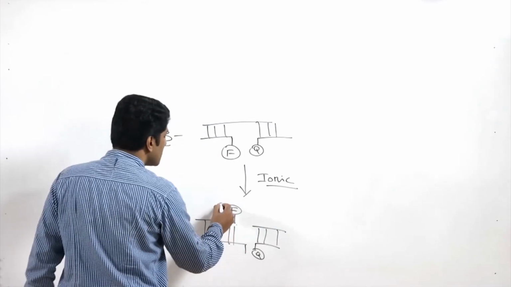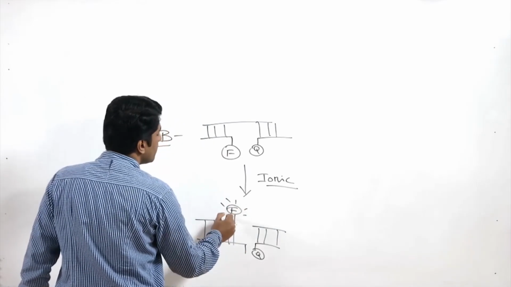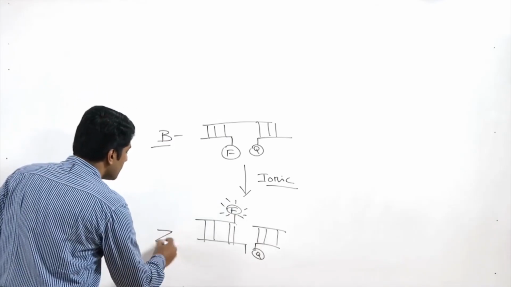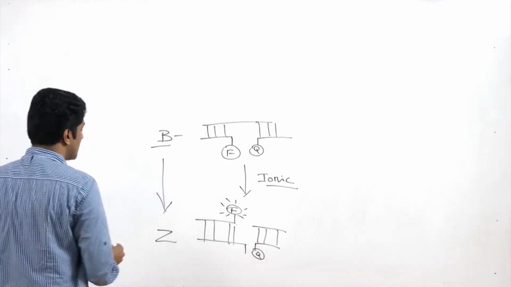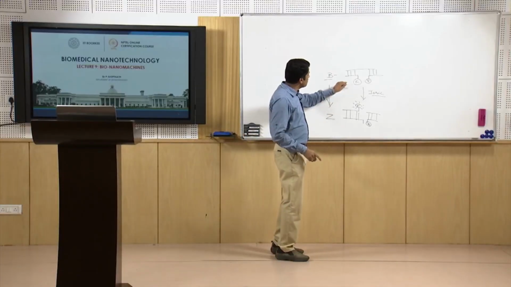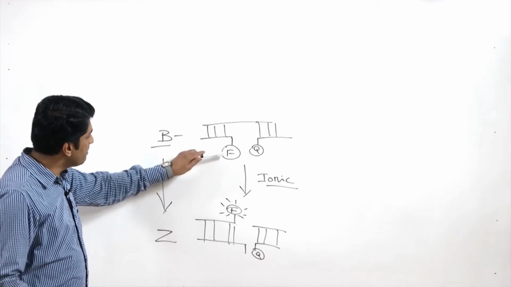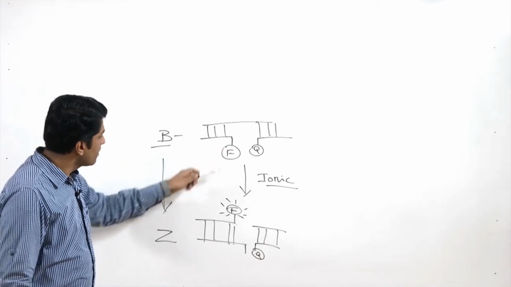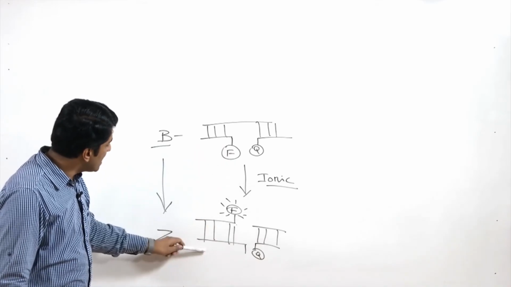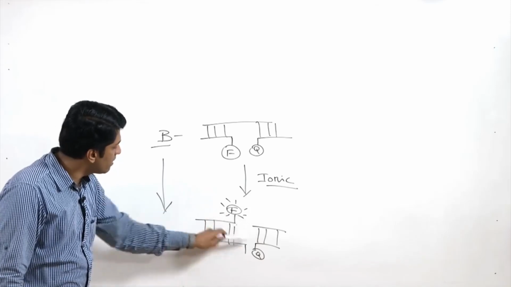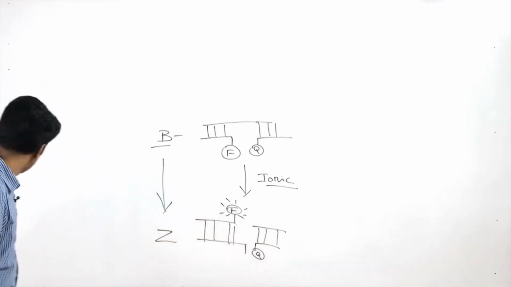Then it gives fluorescence. Okay. So this is called the B-Z transition. By simply changing the ionic condition from bDNA, we can make the zDNA. In the bDNA, the fluorescence and quenchers are together, so it will not show any fluorescence signal. When it becomes zDNA, the fluorescence and quencher will be released and it will give the fluorescence signal.